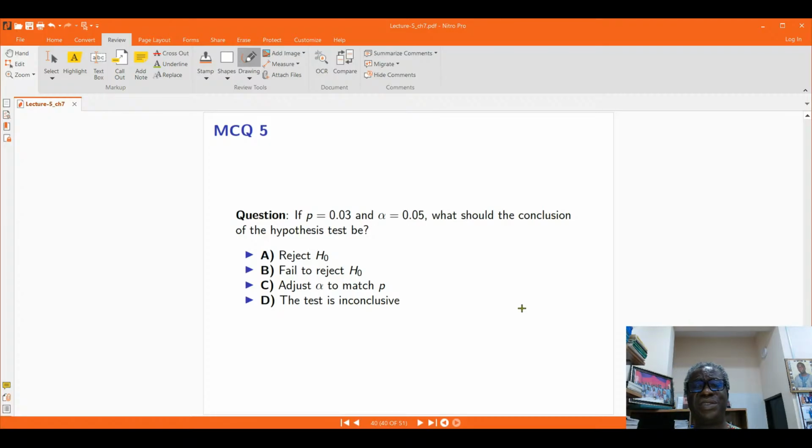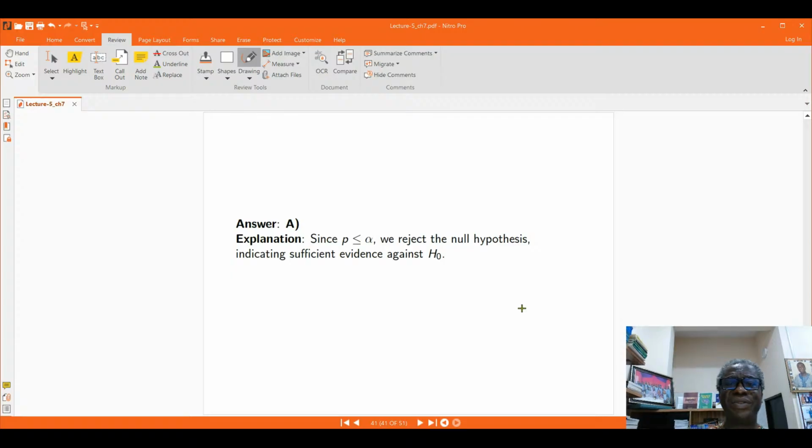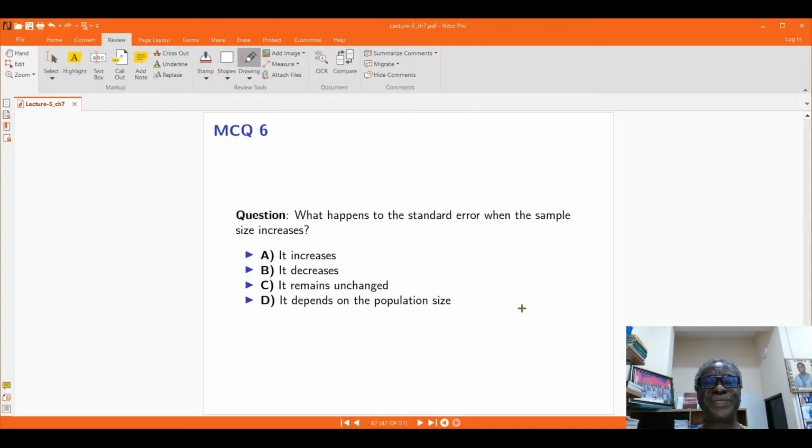The decision rule says you should reject if the p value is less than the alpha value. So in this case, the p value is 0.03, which is less than alpha value of 0.05. And therefore, the correct answer in this case is A. So since the p value is less than alpha, we reject the null hypothesis, which implies that we have sufficient evidence against the null.